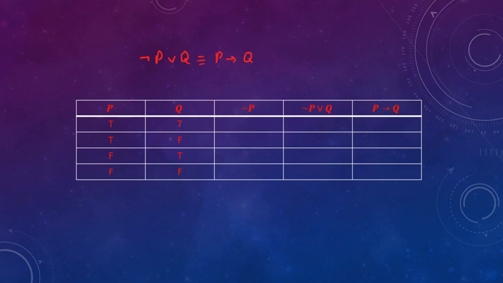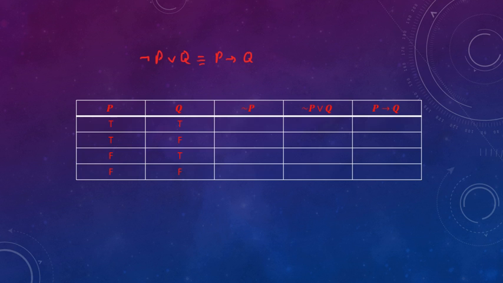So third and final sample here. In the previous video, we said that the conditional has a logical equivalent. The logical equivalent of P implies Q is not P or Q. So now we're just going to go through the truth table here to see that those things are indeed logically equivalent. And when I say we are going to go through the truth table, I mean pause the video here, try to go through this problem on your own.